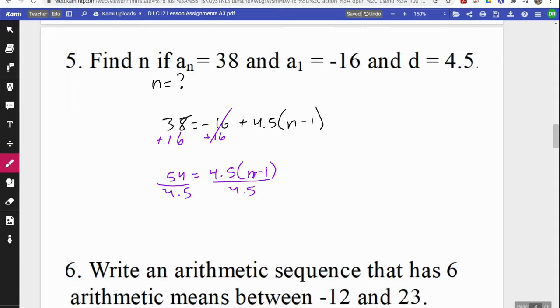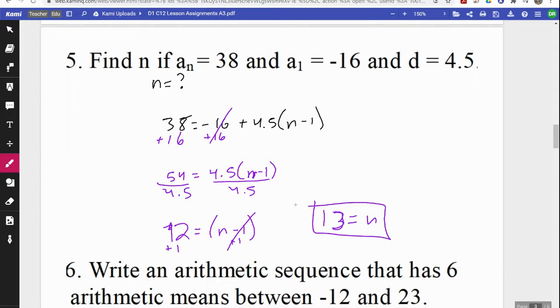So then we are at 12 is n minus 1. The last step would be to add 1 to get n by itself. So it's actually the 13th term in our sequence.